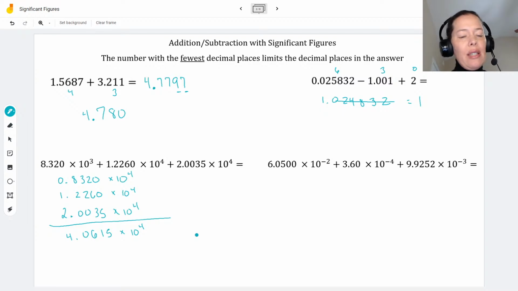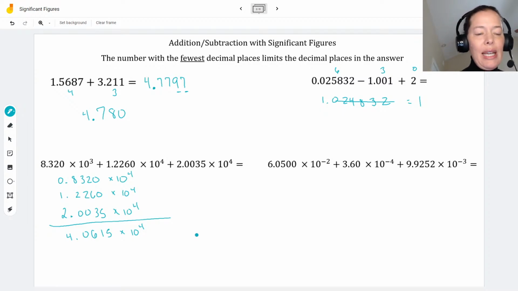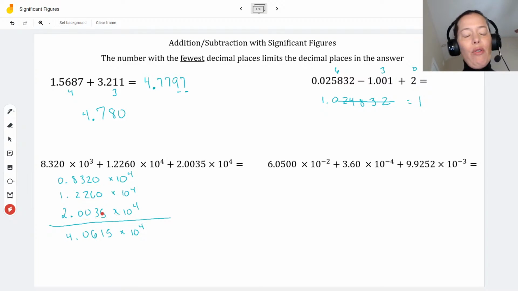Okay, so this is what my calculator gives me, and now I'm going to compare decimal places, and you can see I've actually got 4 decimal places for all three of these numbers, so having 4 decimal places in my answer is correct. This one, again, can be kind of tricky if you didn't recognize that 10 to the 3rd, you needed to convert to a 10 to the 4th there.